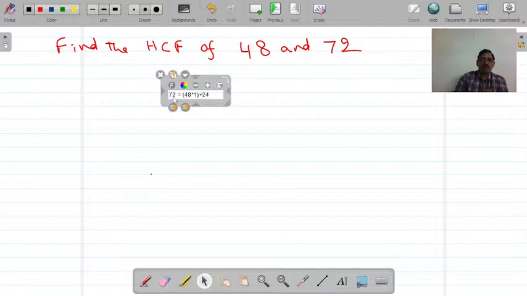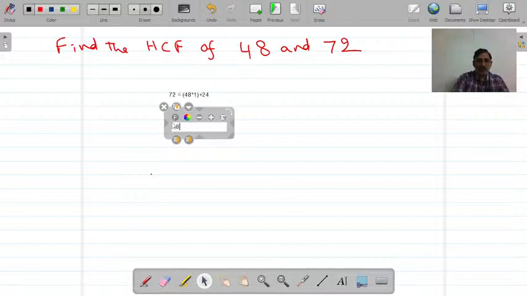Okay. Then next step it will be like 48 is equal to 24 into 2 plus 0. Okay, so HCF is 24. Correct. This is the way in which we can easily find the solution for this.